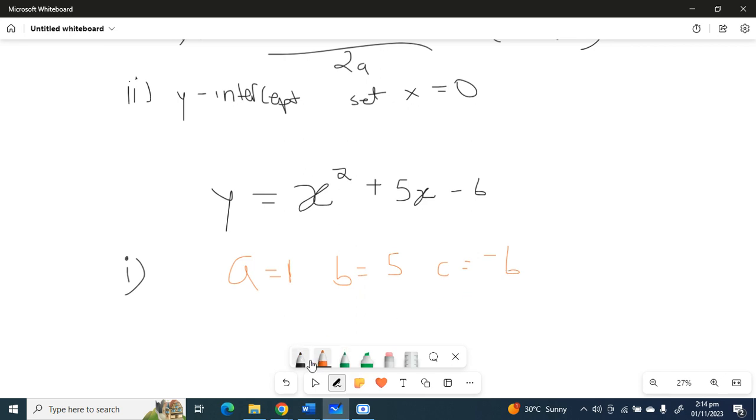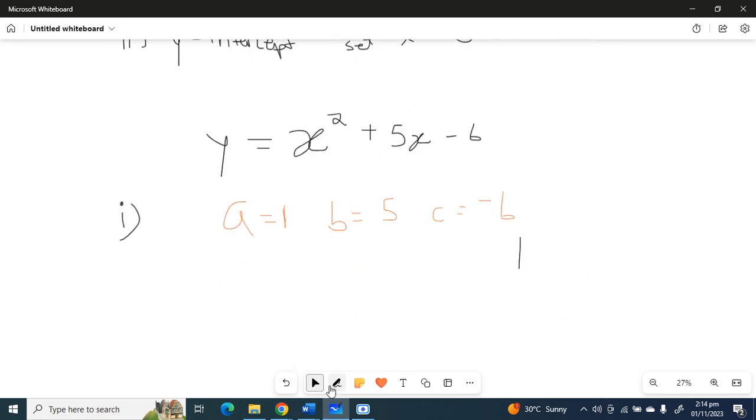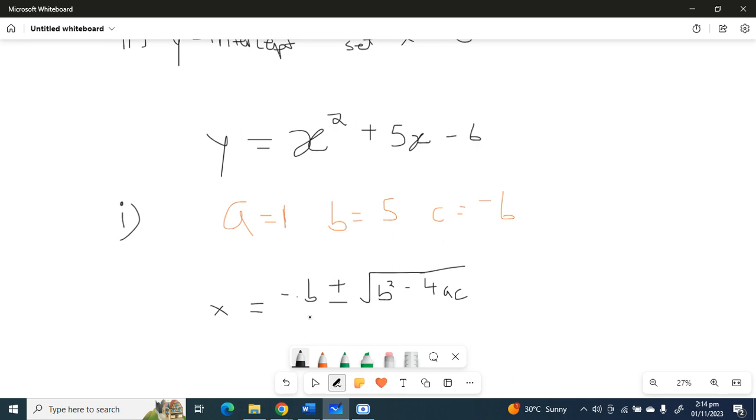So we're just going to substitute into the formula. In the quadratic formula, x equals negative b plus or minus the square root of b squared minus 4ac, over 2a. So it's just a matter of substitution here.